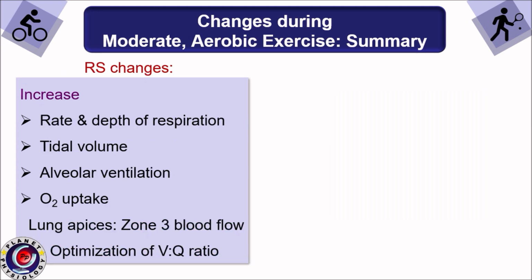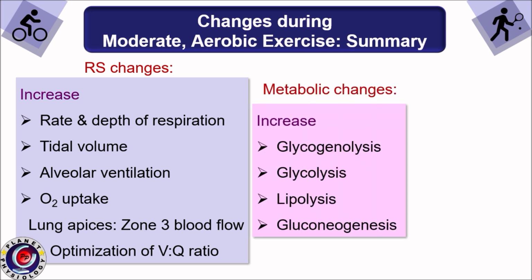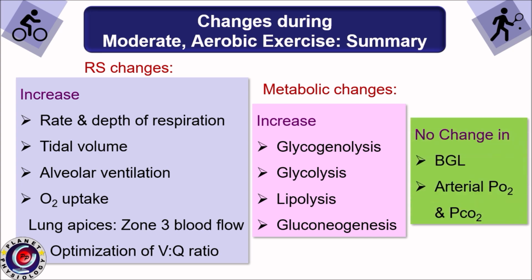There is increase in rate as well as depth of the respiration, increase in tidal volume, alveolar ventilation and oxygen uptake. Apices of the lungs are converted to zone 3 blood flow and there is optimization of ventilation perfusion ratio. There is increased glycogenolysis, glycolysis, lipolysis as well as gluconeogenesis, but there is no change in blood glucose level, arterial PO2 as well as PCO2.